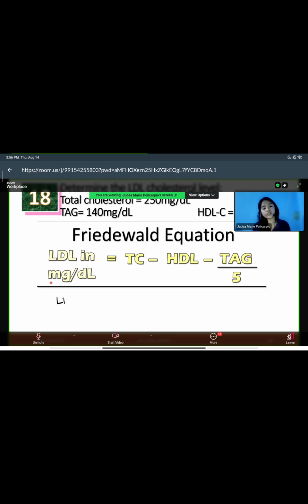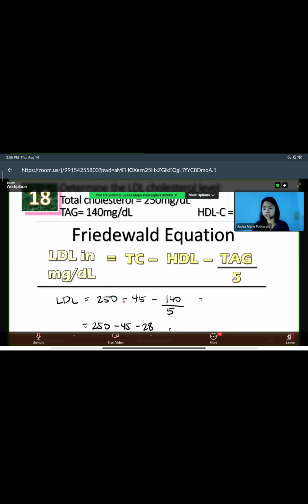Ang given sa atin ay total cholesterol of 250 minus the HDL which is 45 minus triglyceride which is 140. But first you have to divide it with 5. Okay, and what is 140 divided by 5? That would give us 28. Okay, so that means we have 250 minus 45 minus 28.